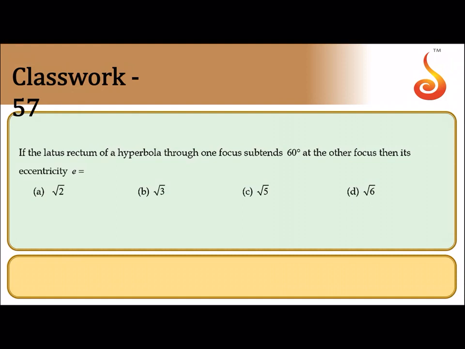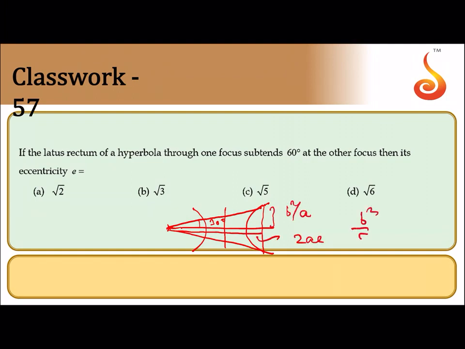The latus rectum of a hyperbola through the focus subtends 60 degrees at the other focus. So the hyperbola is given to you. The latus rectum subtends 60 degrees at the other focus, so the half angle will give you 30 degrees, and the distance between the foci is 2ae, and this is b square by a.